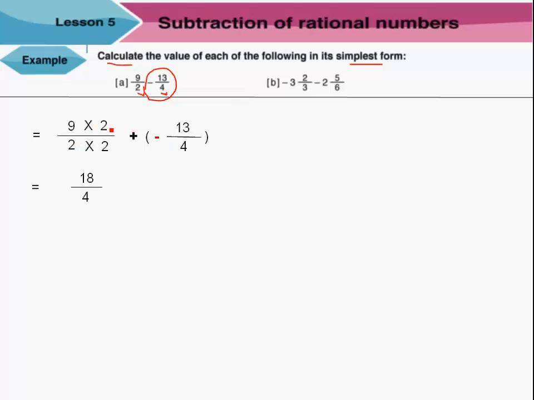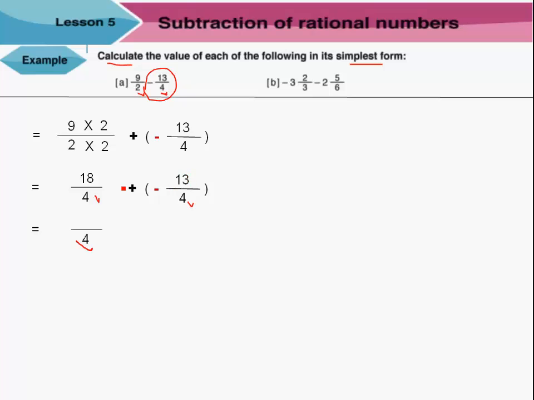Equal 9 times 2 equal 18, 2 times 2 equal 4, plus minus 13/4. So we notice that we have the same denominator. In this case, we will write the denominator and make addition of the numerators.